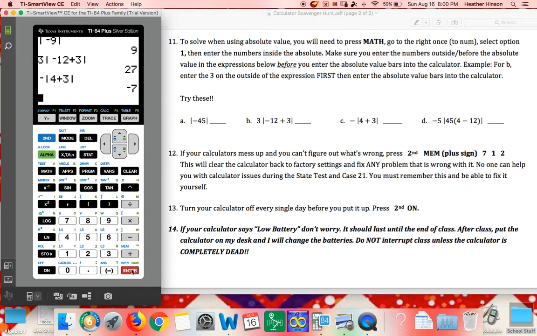Now that one came up negative. I told you earlier, distance is always positive. Absolute value is always positive. What came out of your absolute value, that 4 plus 3, if you just put that part in, that was positive. It gives you a positive 7. The only reason this one is negative is because of that negative sign outside.